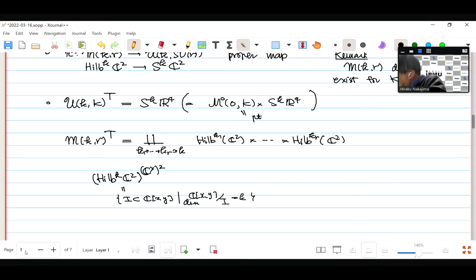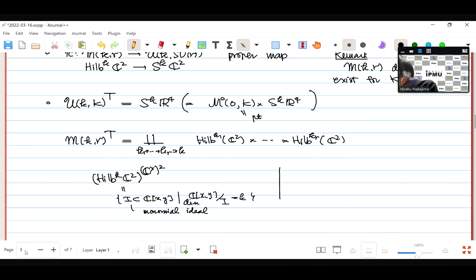So that means I is a monomial ideal. Monomial ideal means spanned by monomials. A monomial is an eigenfunction for this (C*)^2. And if I is spanned by monomials, then it is fixed, and the converse also holds.